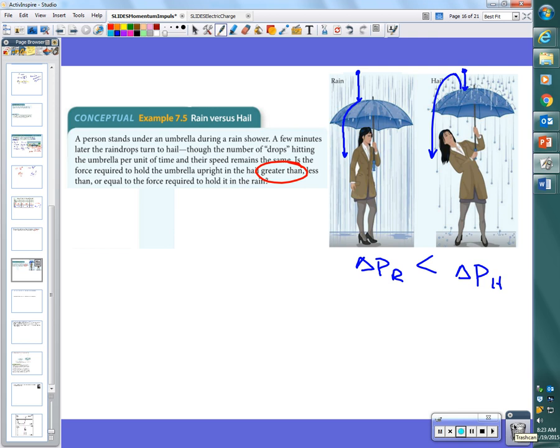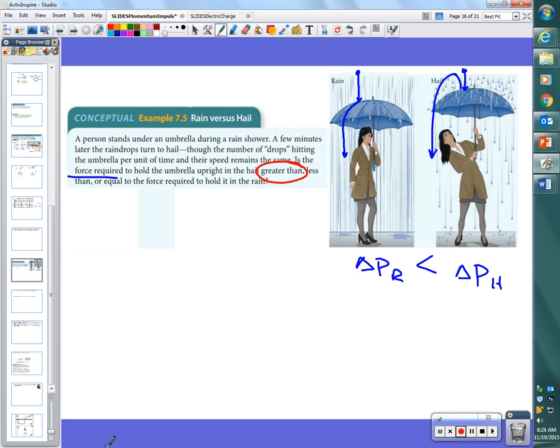Does that make sense? But does that answer our question? What did the question ask us about? How much force, right? The question is asking us about force.